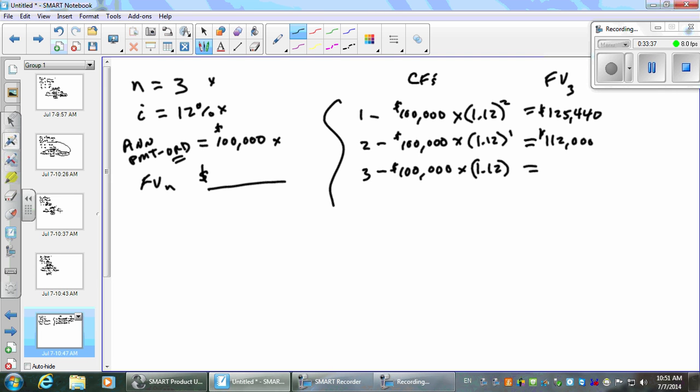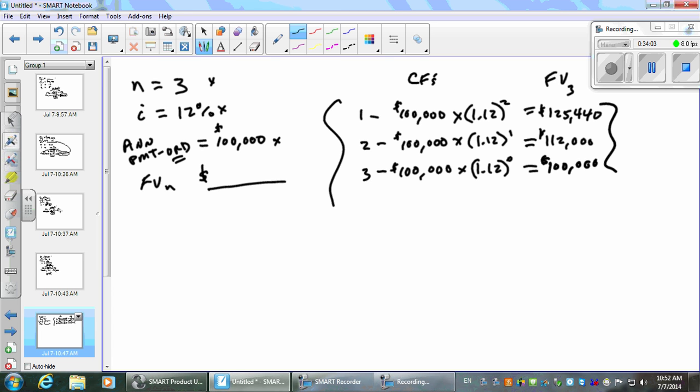No time at all. 0 periods. What is 1.12 raised to the 0? Remember this stuff? It's not 0. It's 1. 1.12 raised to the nothing is 1, right? What do we got? 100 times 1. What do I get? Okay, it's just a 1. This is 100,000. That's it.